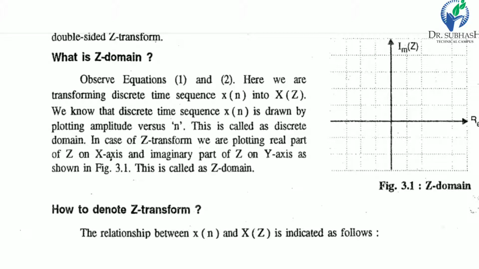In the case of Z transform, we are plotting real part of Z on x-axis and imaginary part of Z on y-axis. So in this figure we can see a Z domain. Re of Z is the real part of Z, and Im of Z is the imaginary part of Z.